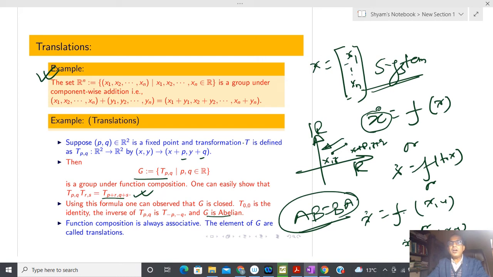So now you are able to understand that this can be generalized for any physics: whenever translation and rotation are involved, there exists some kind of group.